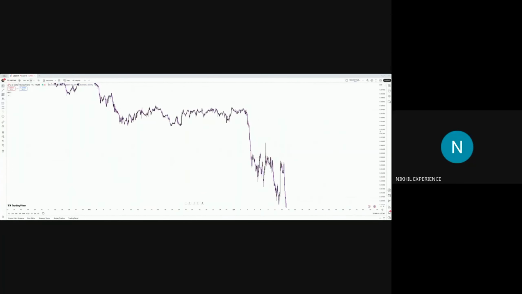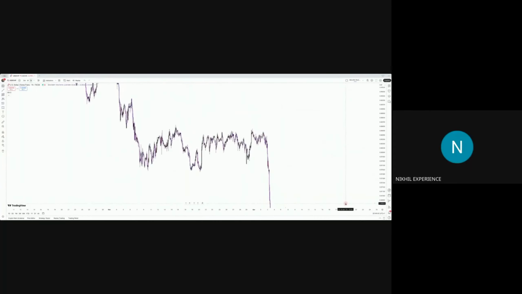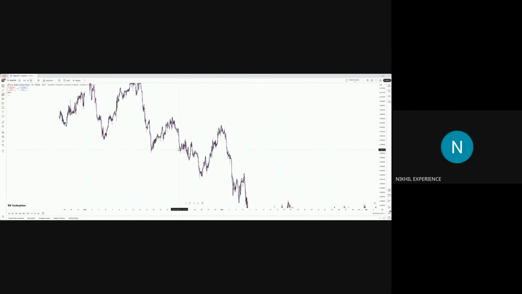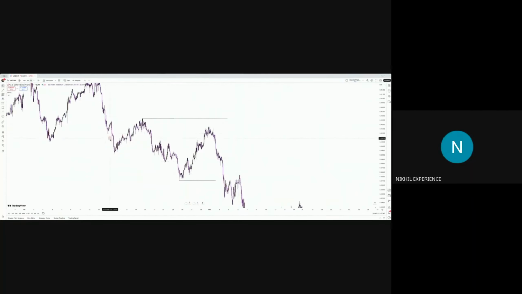Let me look for the past where it was bearish. Okay. Let's use this one. Now look at this. We have range high, range low. This is a very nice high. Another one, another one. Right?